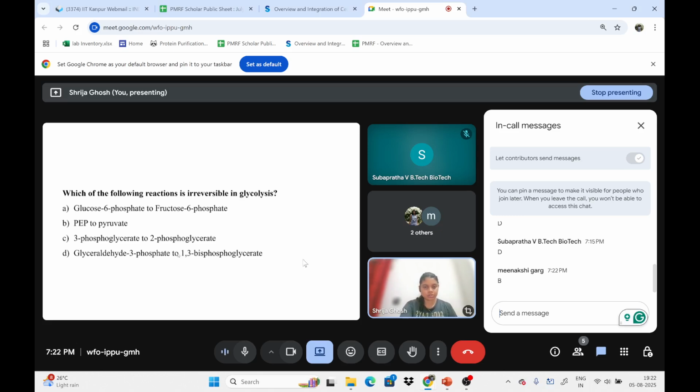I see Meenakshi has written option B, that is phosphoenol pyruvate to pyruvate. Is that the correct answer?